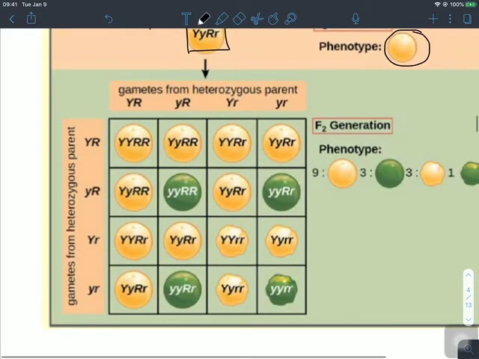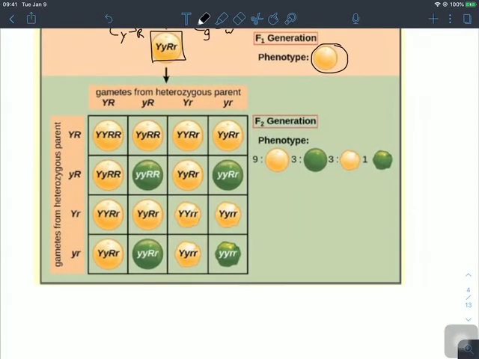In order to do the Punnett square for 2 traits, because we are now looking at 2 genes, the gene for color and the gene for shape, our square will no longer be a 2x2. Instead, it will be a 4x4 if you're looking at all of these at the same time.